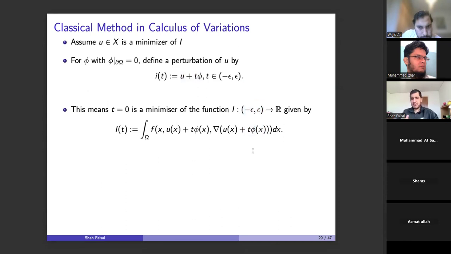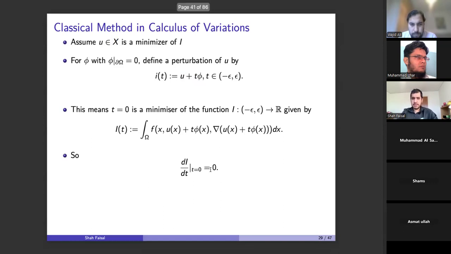Now in this case, I just work on intervals. It's a function from an open interval to R. And t equals 0 is a minimizer because u was the minimizer. So you know from the previous theorem in the Euclidean case that the derivative of this function should vanish at 0, right? Because it's a minimizer.